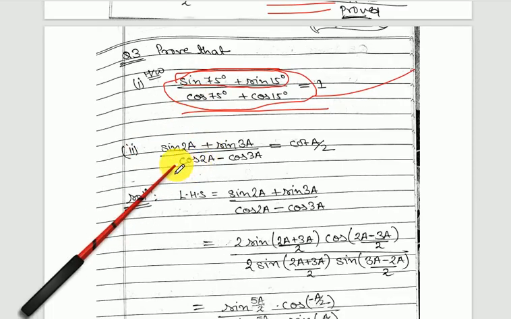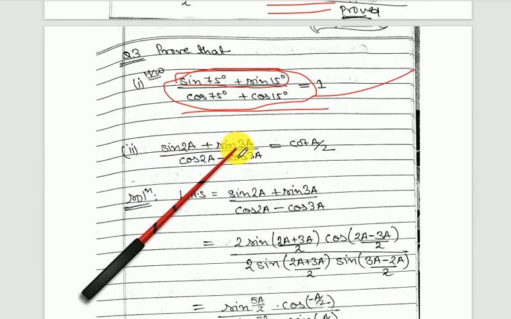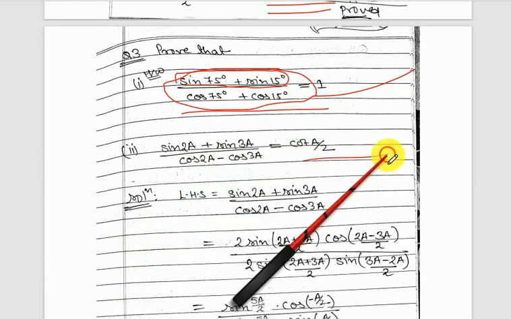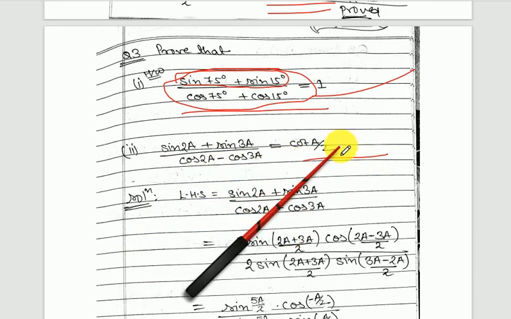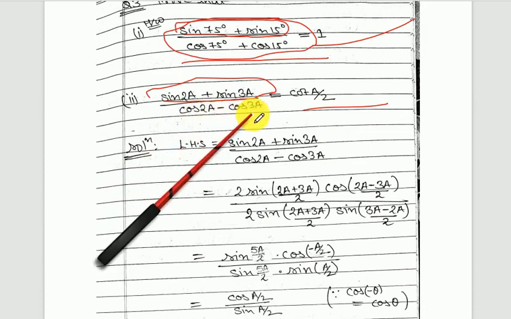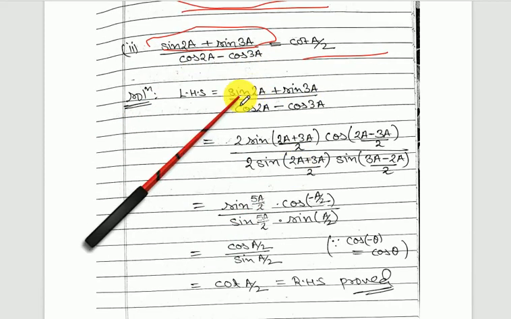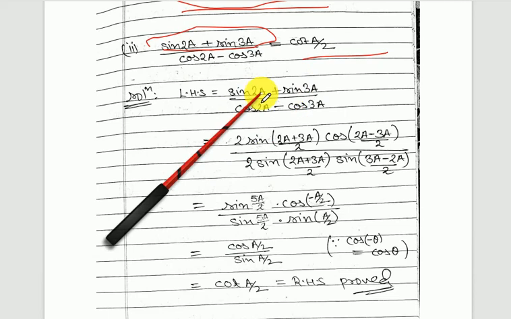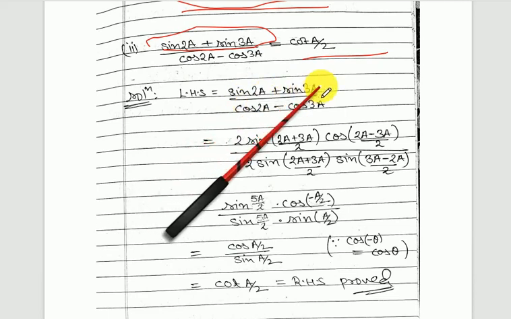Okay, this one, question 3.2, sine 2a plus sine 3a upon cos 2a minus cos 3a equal to cot a by 2. So we will start with the left hand side, and for numerator we can use that formula sine C plus sine D, and for denominator we will use the cos C minus cos D formula. So sine C plus sine D, here C is 2a, D is your 3a.